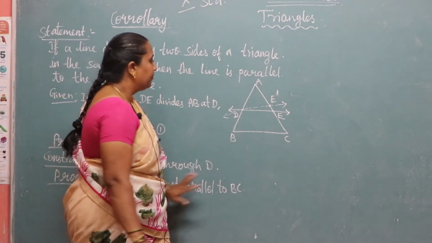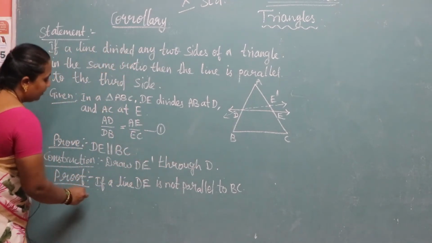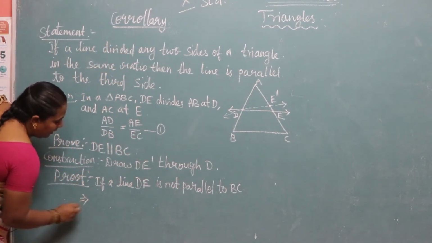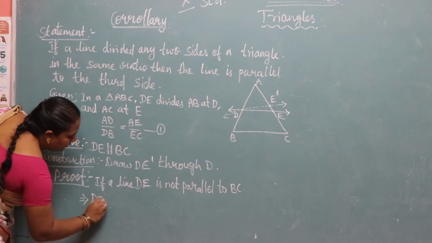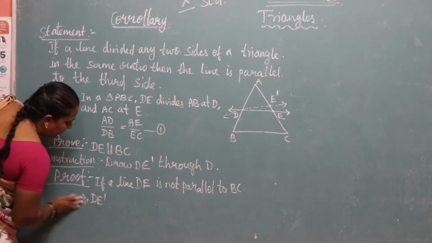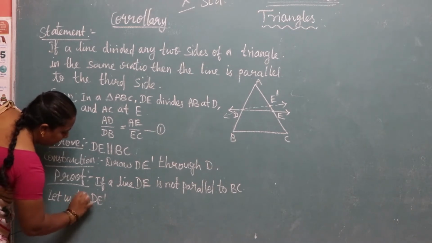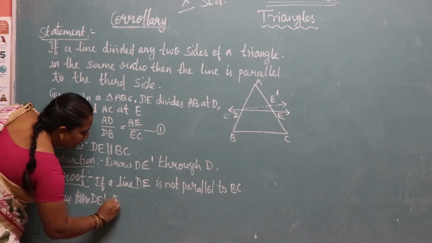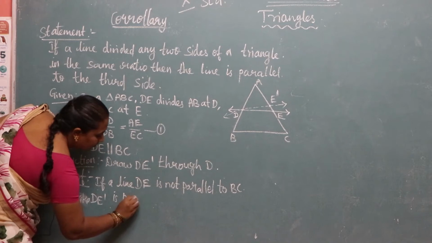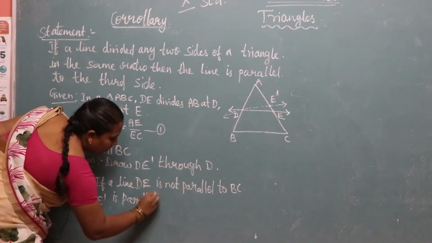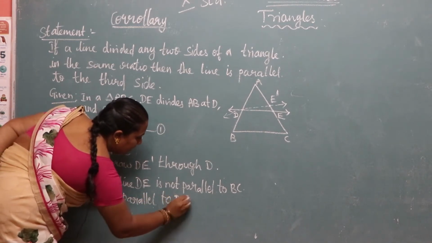So then we can say, let us take DE dash is parallel to BC.